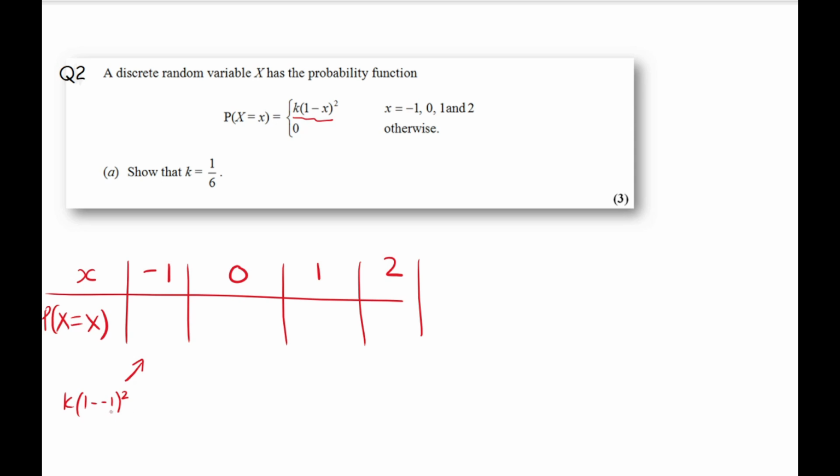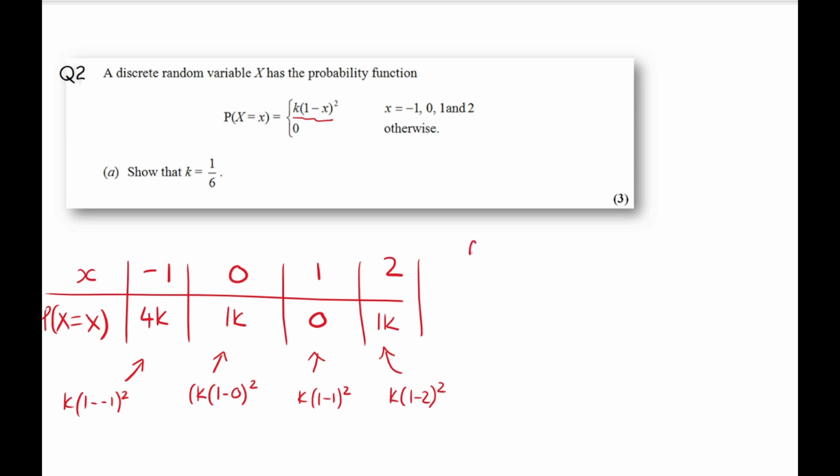Minus -1 is positive 2, 2 squared is 4, so that's going to be 4k. Substituting x equals 0, I've got k and then 1 minus 0 squared, and that's going to give me just 1k. Substituting 1, I get k and 1 minus 1 squared, which gives me 0. And substituting x equals 2, I get k, 1 minus 2, which is -1, squared gives me +1, so that's going to be 1k.